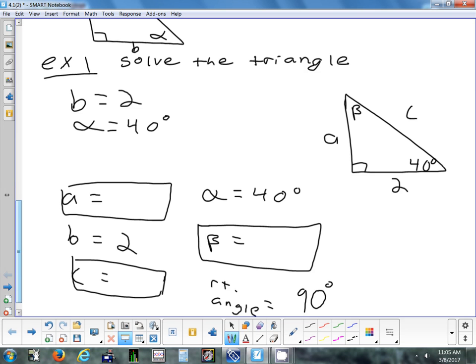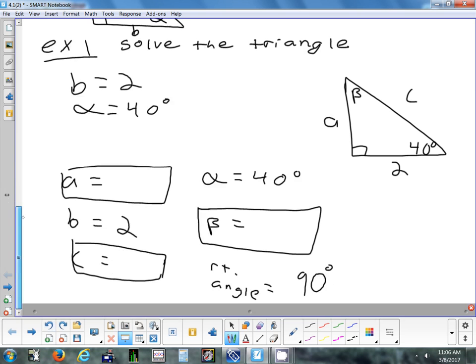And I'm going to put C right there. You can draw your triangle any way you want, as long as you always keep the relationship that I just wrote down true. A is always across from alpha. B is always across from beta. Okay, but if you'd rather draw your triangle flipped around this way, that's fine. Just make sure you keep what I just said always true.